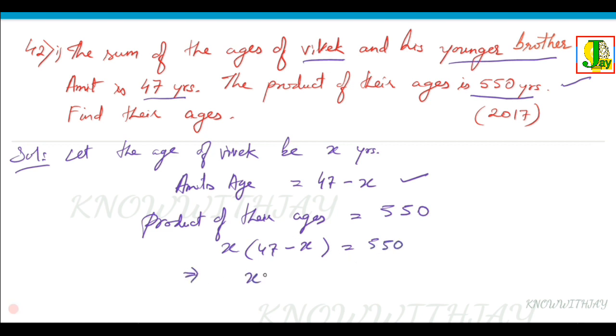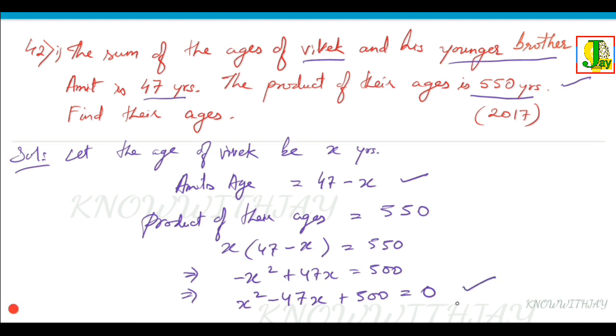We have 47x minus x square equals 550. Taking everything to the left, we have x square minus 47x plus 550 equals 0.